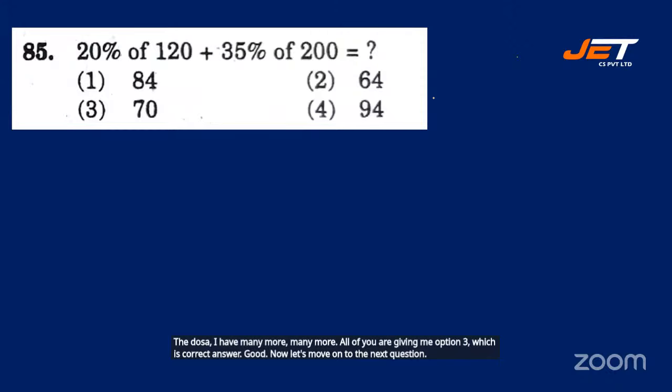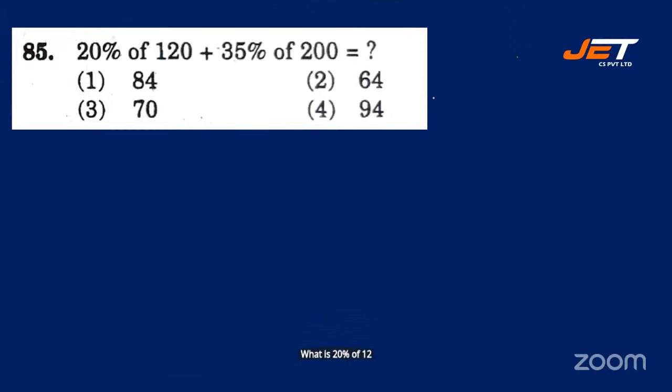What is 20% of 120 plus 35% of 200? Right? So 20% of 120, 35% of 200. So this has to be worked out. 20% means 20 by 100 into 120 plus 35% is 35 by 100 into 200, isn't it?